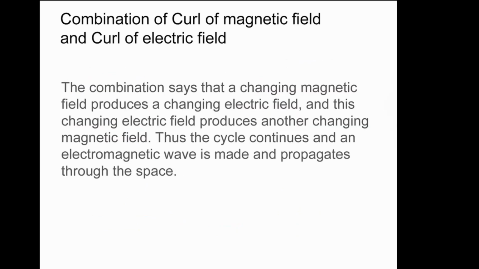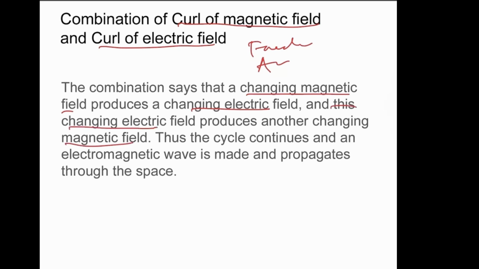This changing magnetic field produces a changing electric field, and the changing electric field produces a changing magnetic field. So this cycle will continue and propagate through space. By using this combination, we can propagate electromagnetic waves through space.